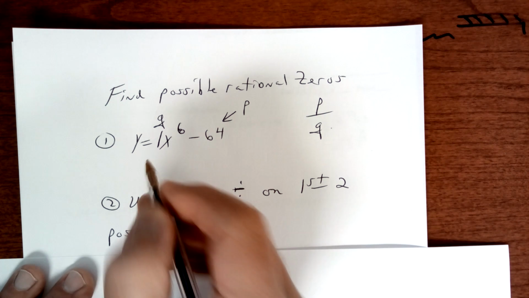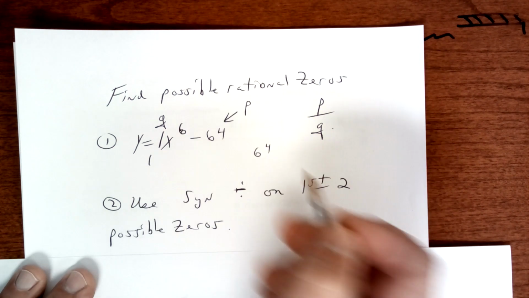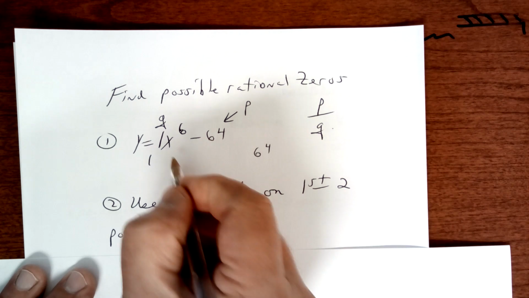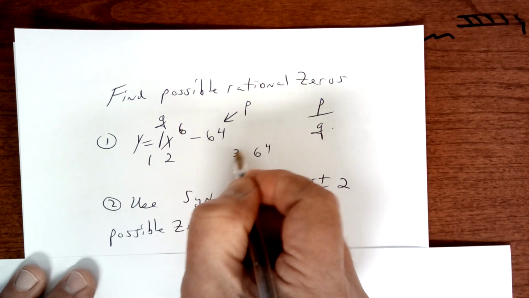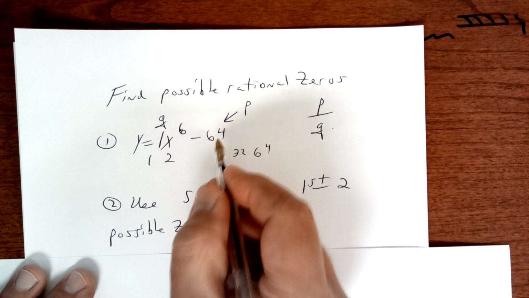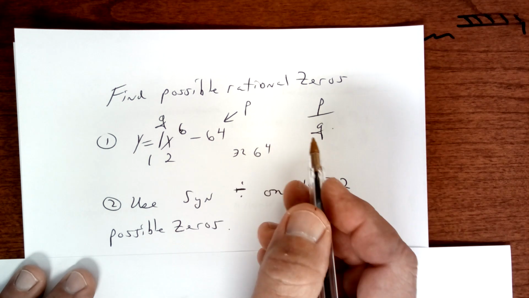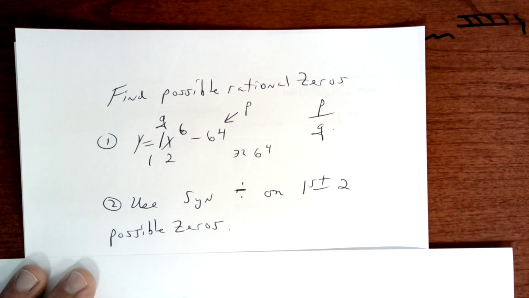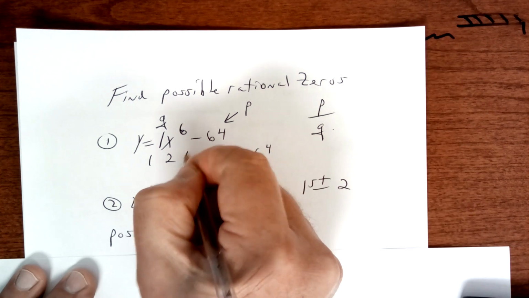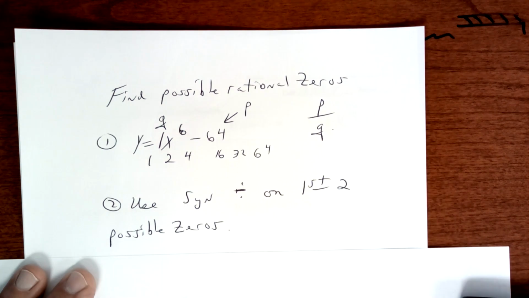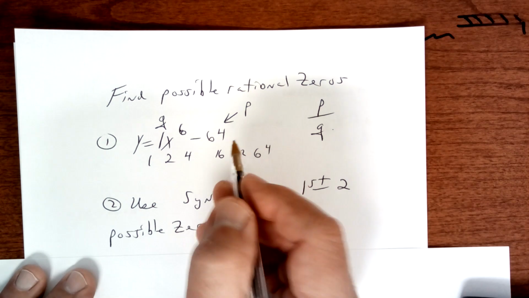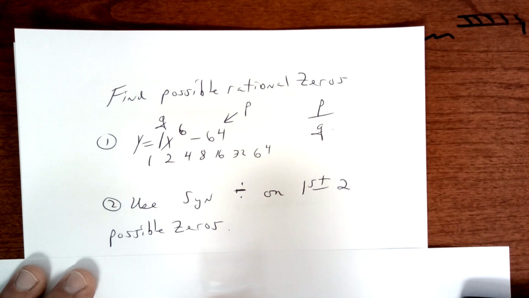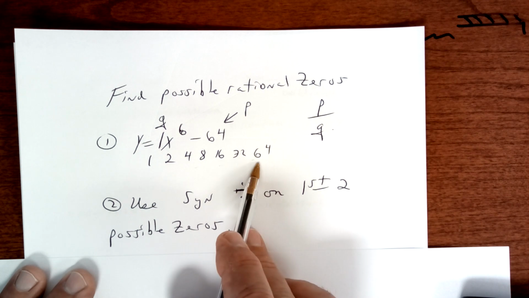So 1 times 64, 2 times 32, 3 doesn't work, 4 does work, or maybe it doesn't. Let me check. So 64 divided by 4, it does work. So 4 times 16, okay. 5 doesn't work. I don't think 6 works. I think 8 times 8 is 64, and there may be more, so check them, but I'm going to go with this, okay?